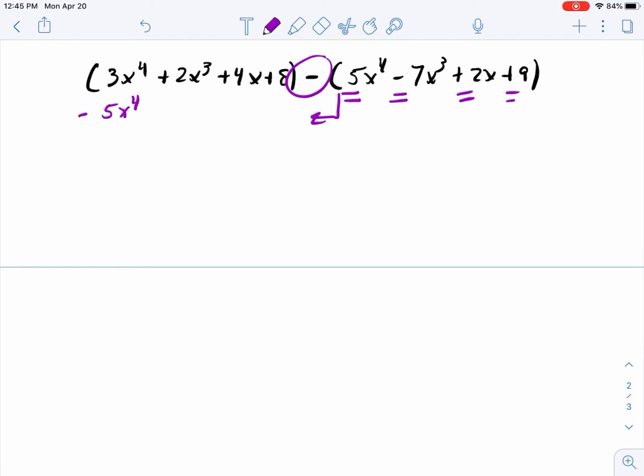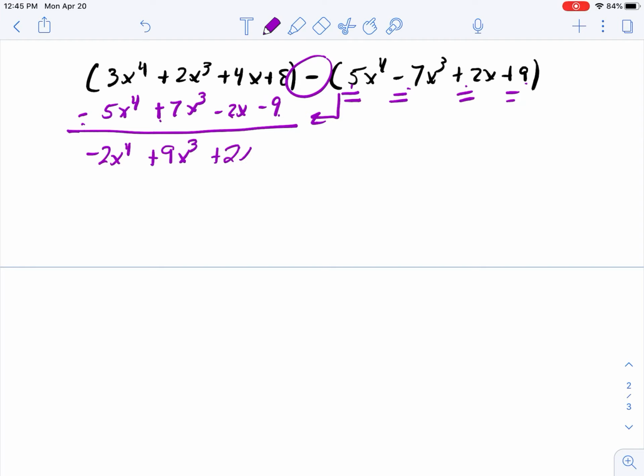So I have now negative 5x to the fourth plus 7x cubed minus 2x minus 9. Oops, this should be positive, excuse me. So notice all the signs are different. So positive, negative, positive, positive. Now I have negative, positive, negative, negative. So my result would be negative 2x to the fourth plus 9x cubed plus 2x, what's that, minus 1.